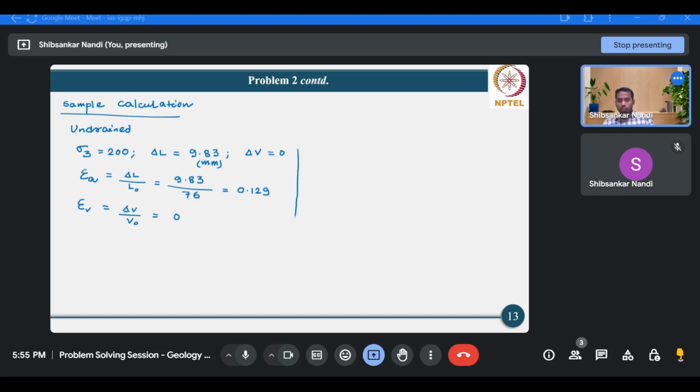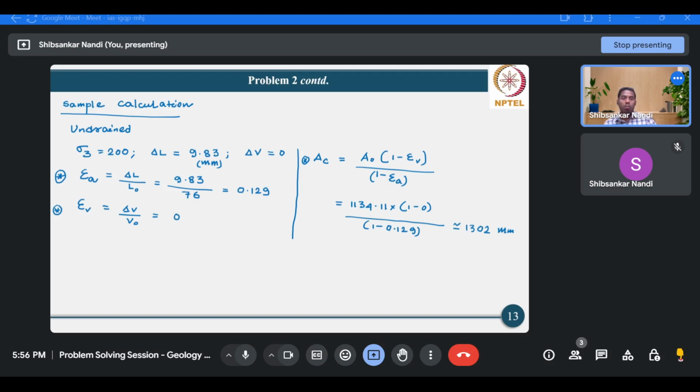Now coming to the corrected area, this will be A0 into (1 minus epsilon v) divided by (1 minus epsilon a): 1134.11 minus 0 divided by 1 minus 0.129, which is approximately 1302 millimeter square.